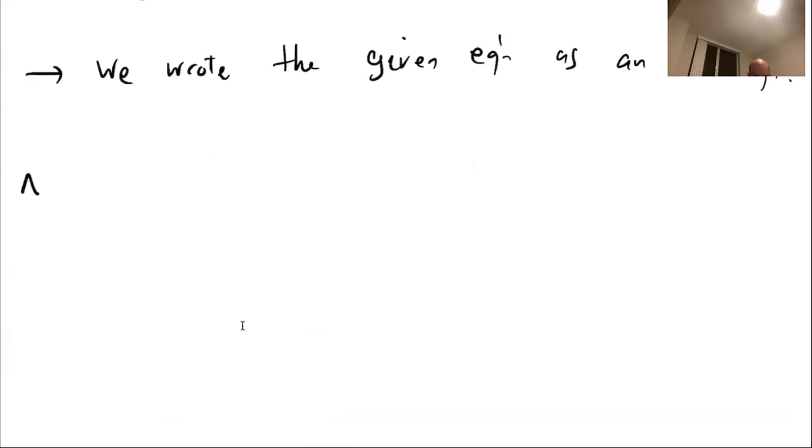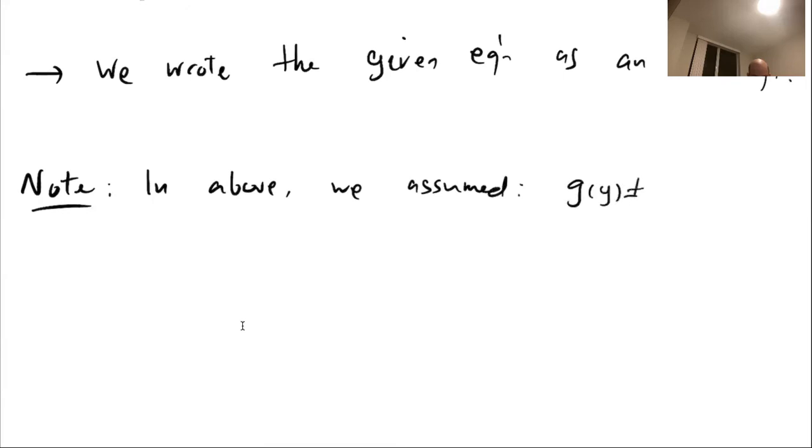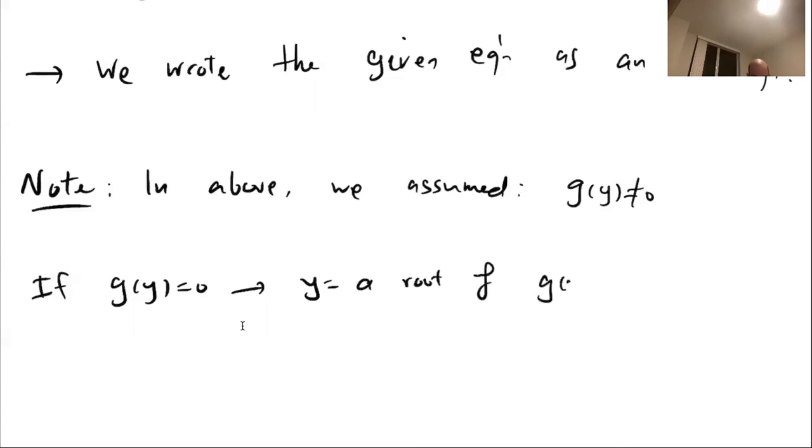So note that in the above, we assumed that g of y is not 0. If g of y is 0, then that means y equals a root of g of y. Say y equals y naught.